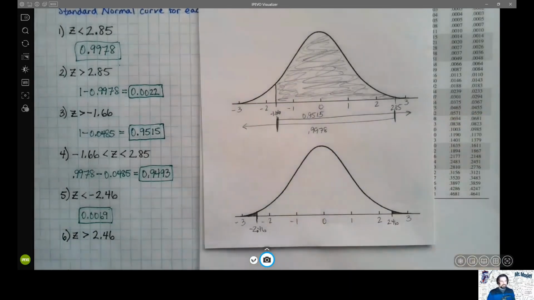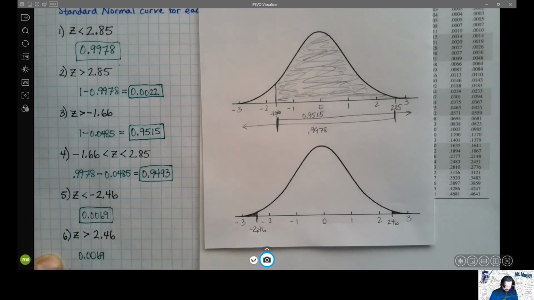Remember, a standard normal curve has symmetry, which means if I fold it in half, I get the same thing on each side. So the proportion greater than positive 2.46 is equivalent to the proportion less than negative 2.46. It is the same amount above and below the mean. I don't have to do anything for this one. It's the same proportion.